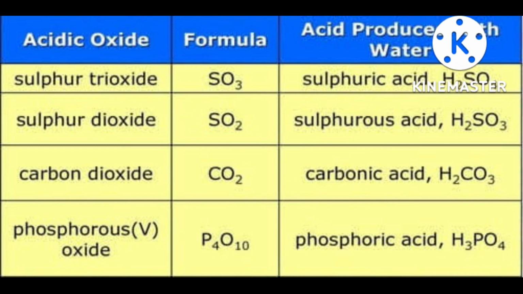Group 2 is called alkaline earth metal, and group 1 is called alkali metal. Then these metals are, you can say, positive. They can lose the electron, which means basic character.